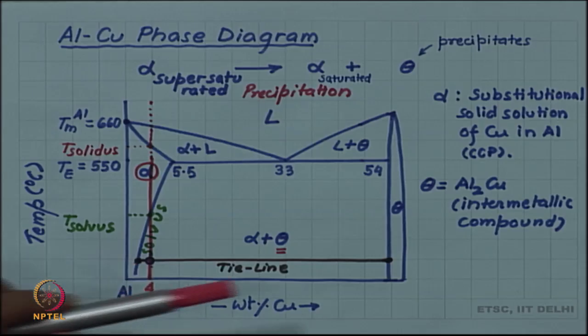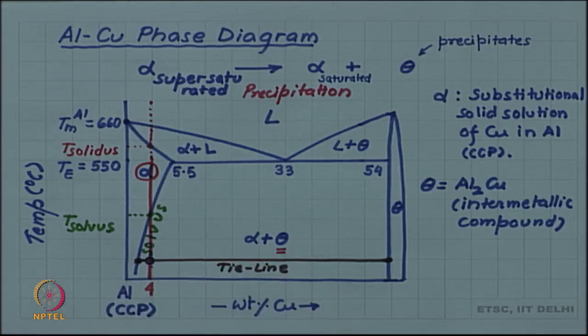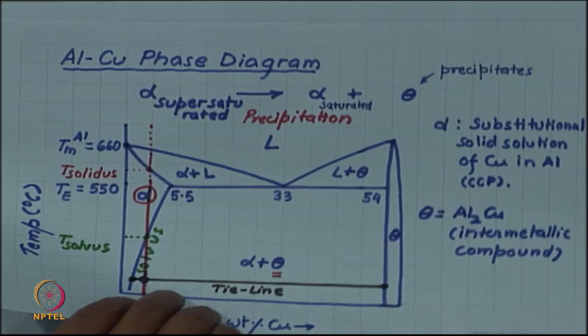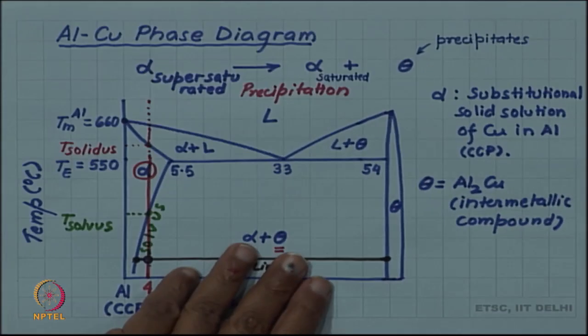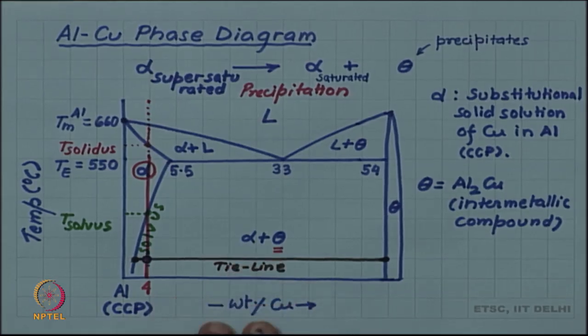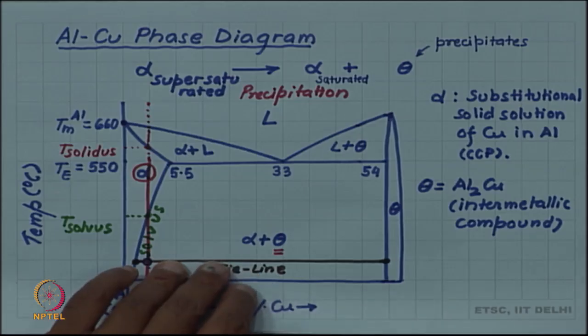So, then it gives you a new precipitation reaction, and that is what is happening during the precipitation age hardening.